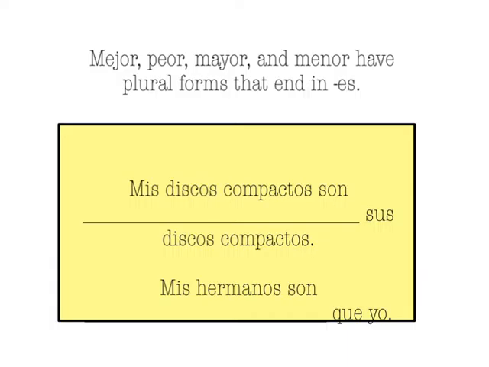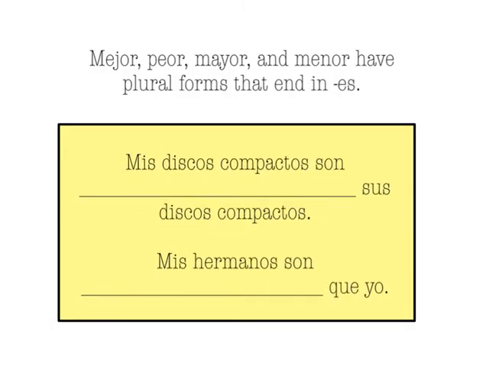The last thing that I want to talk about with these ideas today is that mejor, peor, mayor, and menor have plural forms that end in es. Now remember, these adjectives in the middle have to agree with whatever comes first, but these words, none of them end in an A or O, so we don't have to worry about gender.